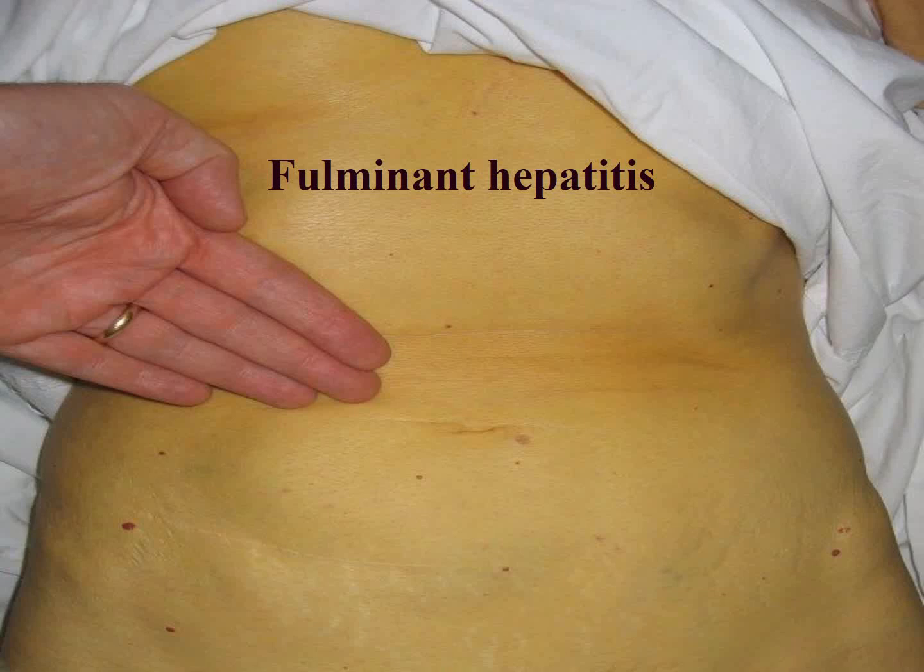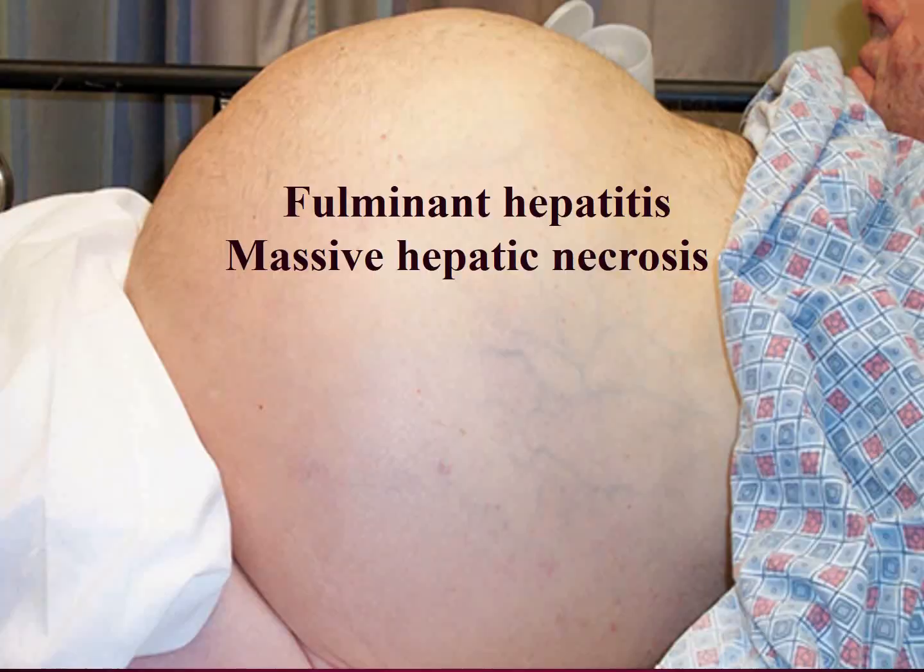You find all the skin yellowish, not only the sclera. It is a fulminant type. Take care, it is fatal. It may cause massive hepatic necrosis and ascites.